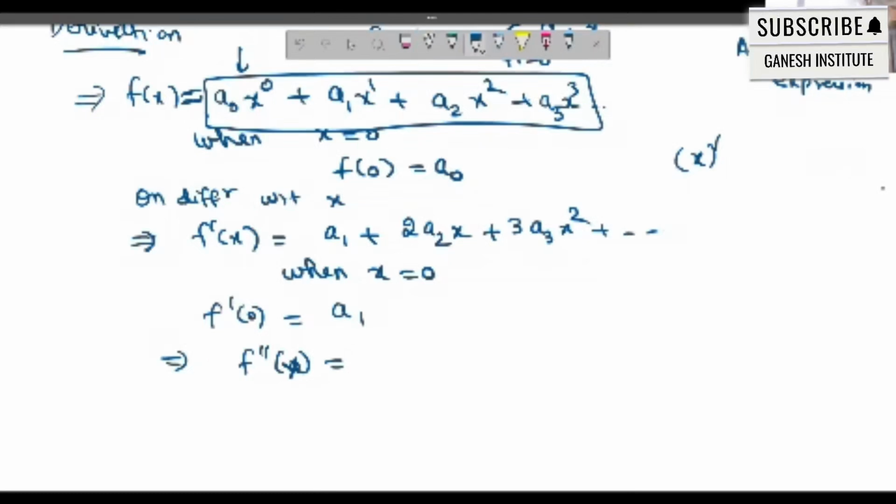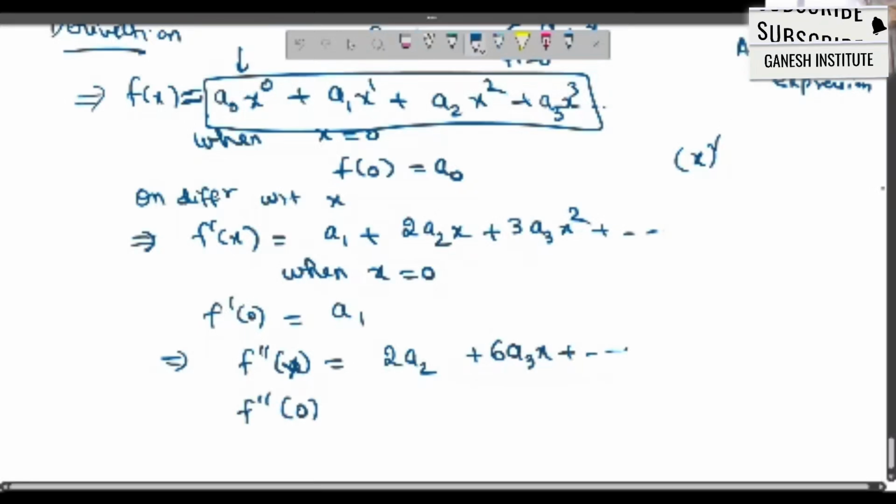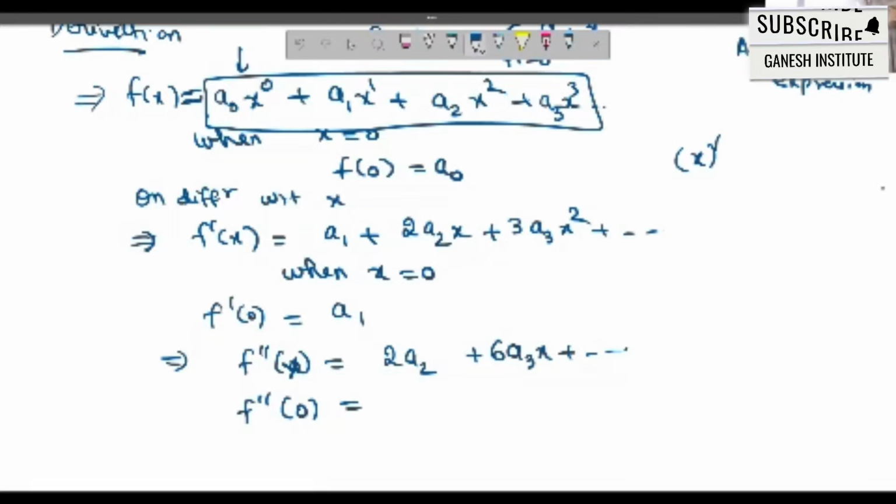Tell me the differentiation of this, f double dash x. That would be 2a2 plus 6 a3x, and so on. What will be f double dash 0? It would be 2a2.